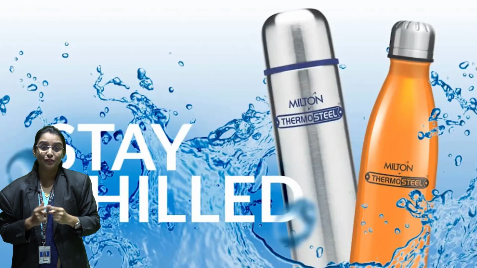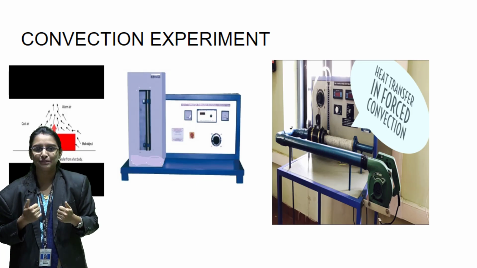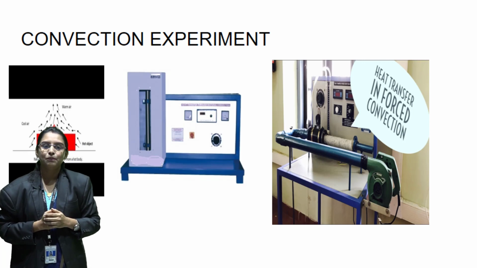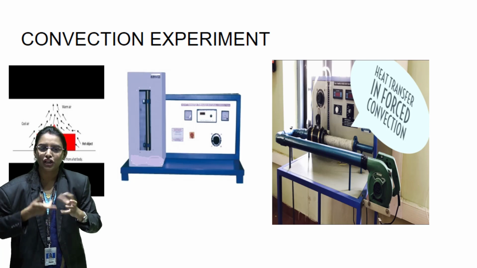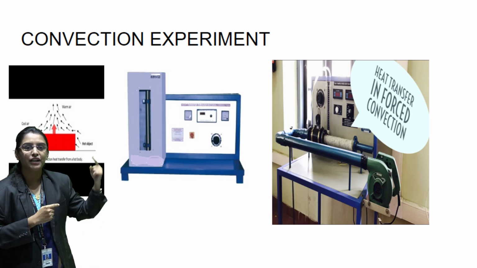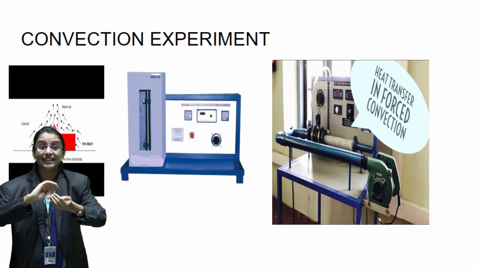Let's move toward the next mode of heat transfer, convection. In convection, the movement of molecules takes place due to the continuous exchange of molecules, by means of temperature difference, which creates a density difference.